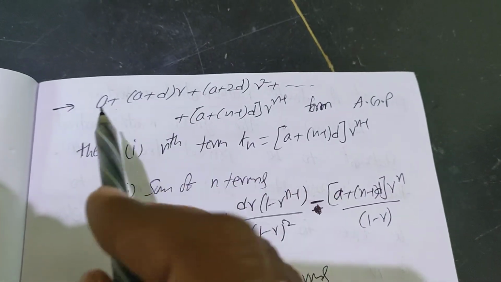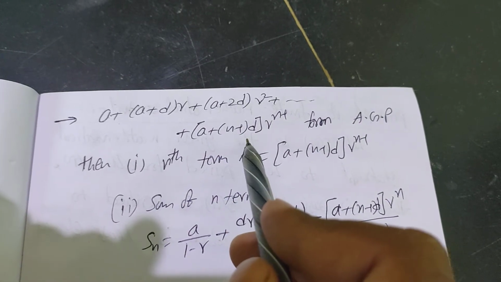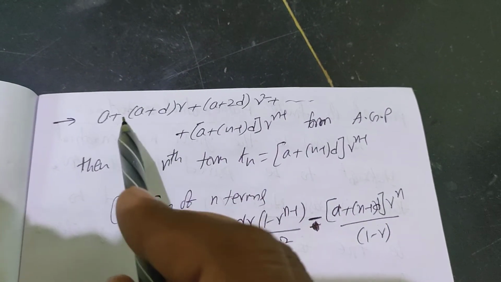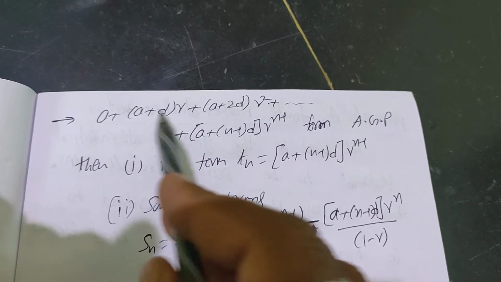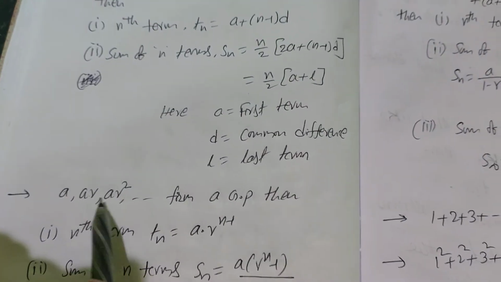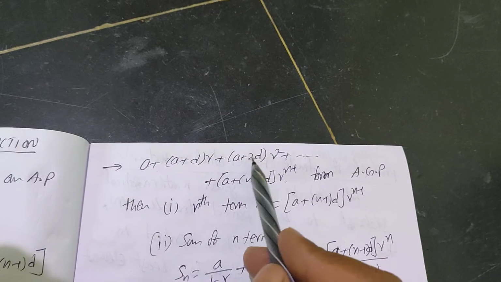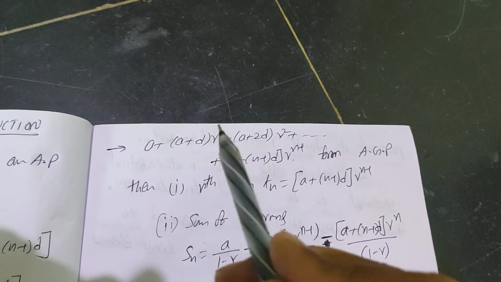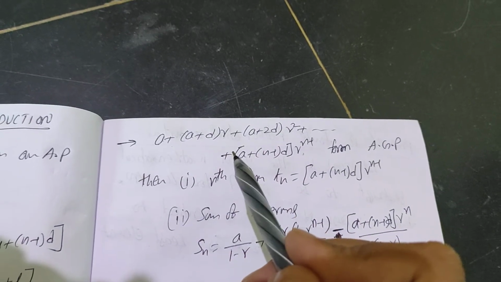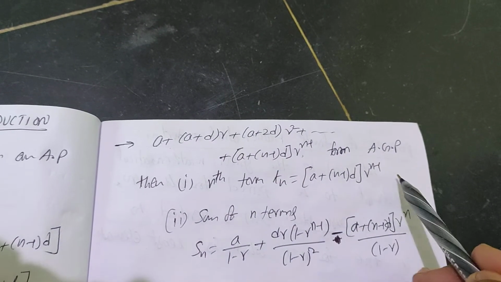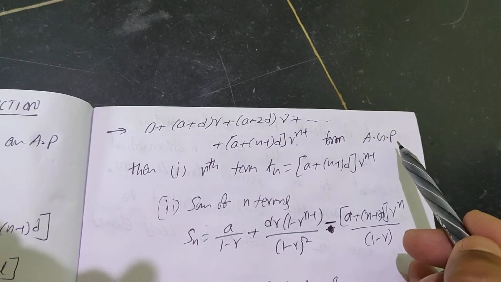Here a plus d, a plus 2d and so on are in AP, and the factors r, r square, and so on up to r power n minus 1 are in GP. Whenever you observe a series in this way, it is called an arithmetic geometric progression, AGP.